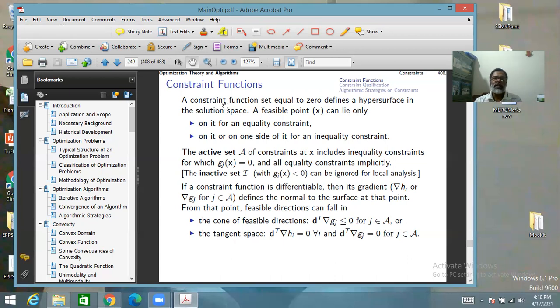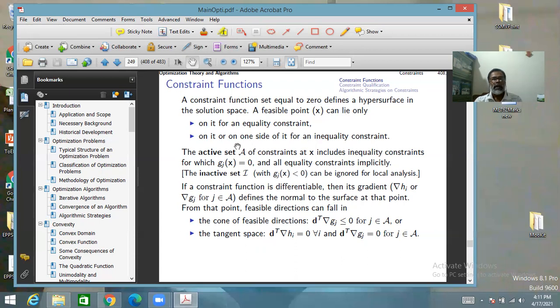So a constraint function set equal to 0 defines a hypersurface in the space of x. A feasible point can lie only on that hypersurface for an equality constraint, and for an inequality constraint, it can lie either on it or on one side of it.